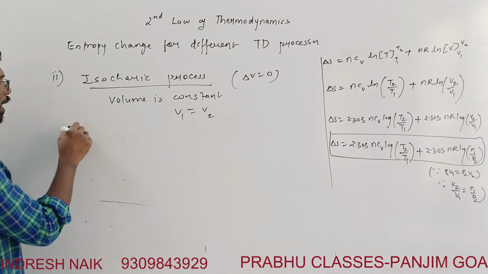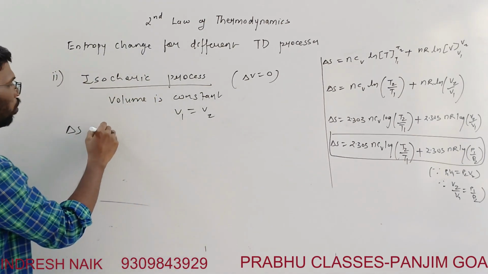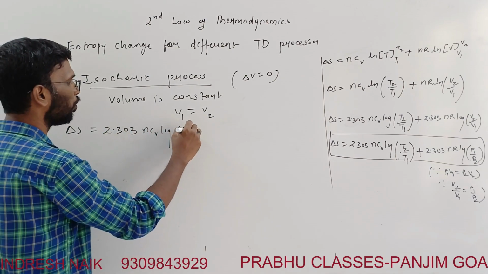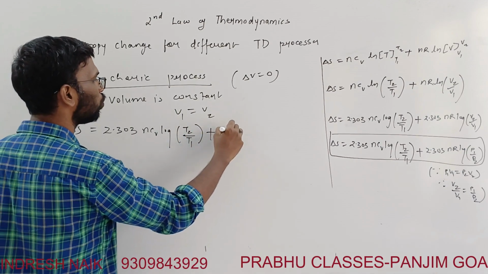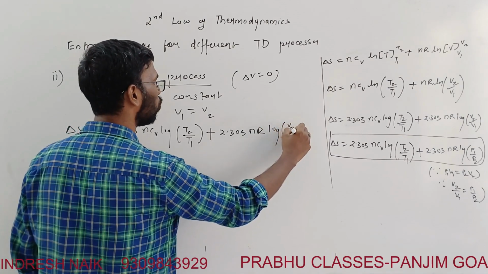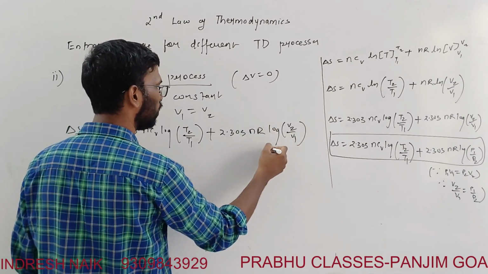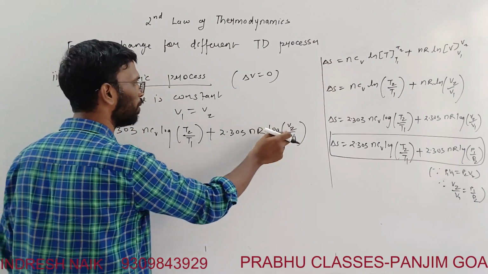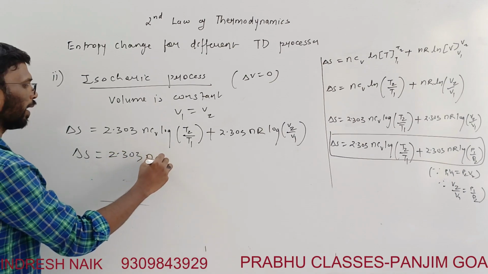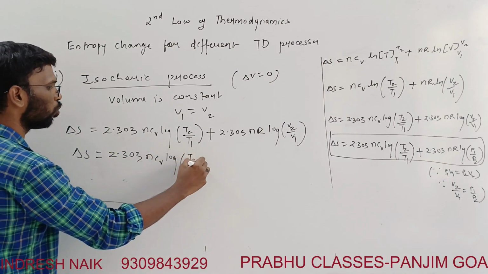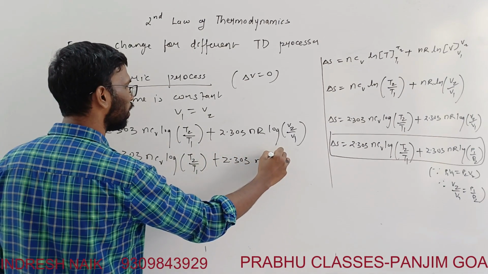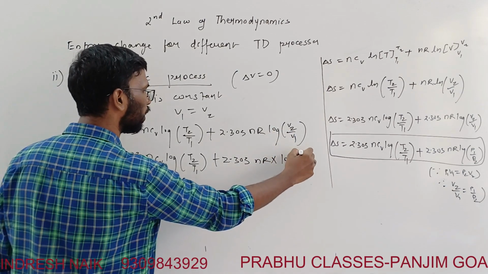If I use the equation delta S equal to 2.303 nCv log of T2 by T1 plus 2.303 nR log of V2 by V1, what will this term be equal to? This term will change to 0, since both are equal, meaning log of 1.